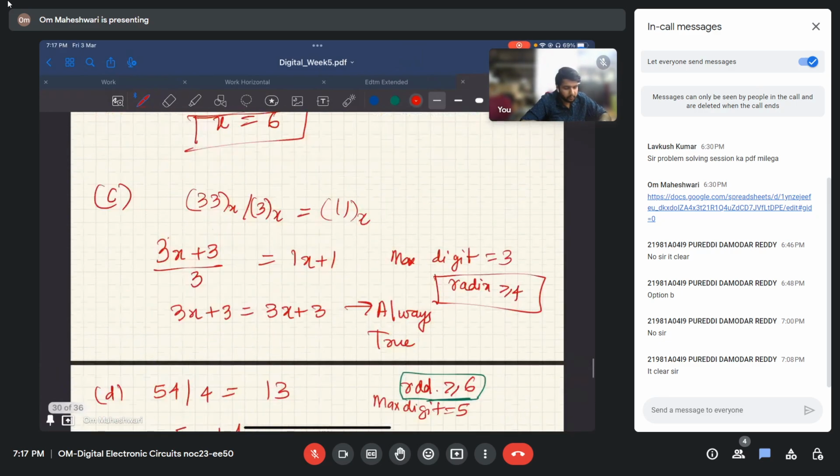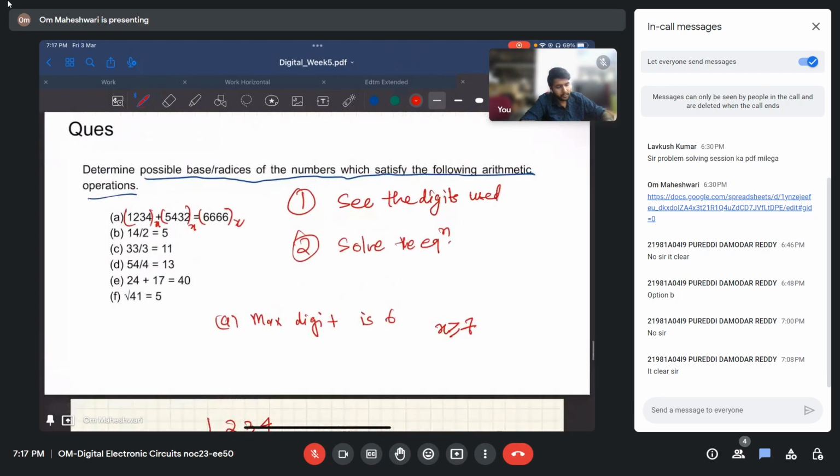So in these questions, we see two things. One is to see the digits used. If we see the digits, we can find and approximate the minimum radix. Then what we do is solve the equation.